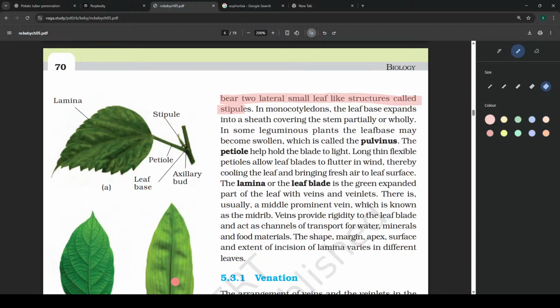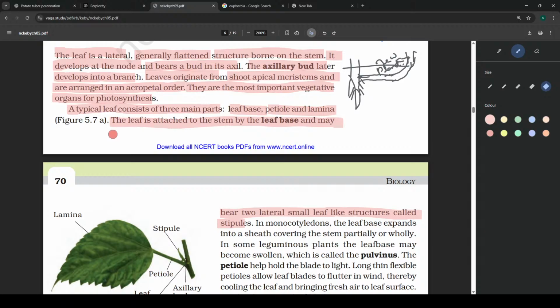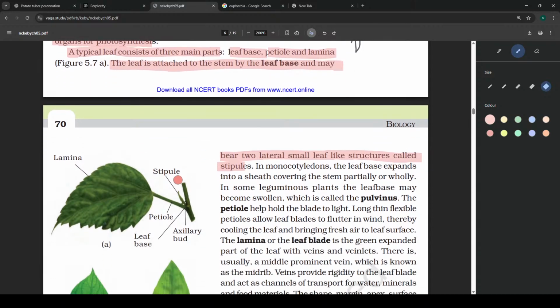Let's read. The leaf is attached to the stem by the leaf base. Why we call a separate part the leaf base is because the leaf is attached to the stem by this leaf base structure, and this may have two lateral small leaf-like structures called stipules.